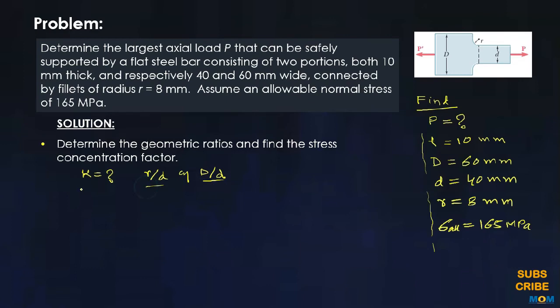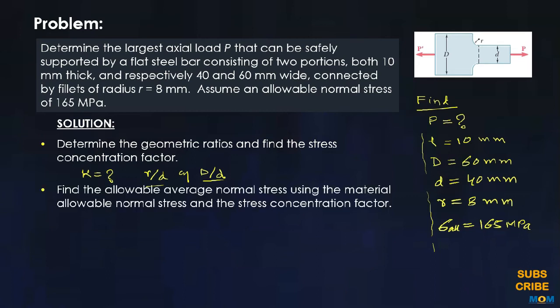With these ratios we can calculate the value of K. Once we have calculated the stress concentration factor K, we find the allowable average normal stress using the material allowable. So the average normal stress by using this expression, that is K is equal to sigma max upon sigma average. Once we know the allowable maximum, we can calculate the value of average stress.